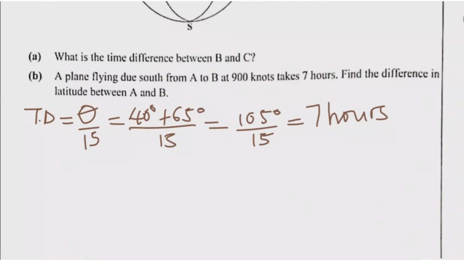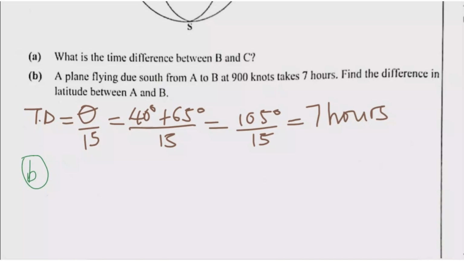To find the answer for B, first we're going to find the distance. The question is: a plane flying due south from A to B at 900 knots takes 7 hours.